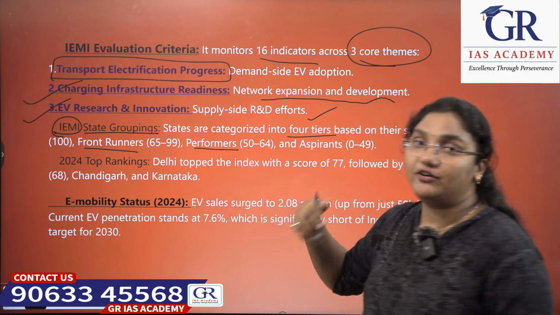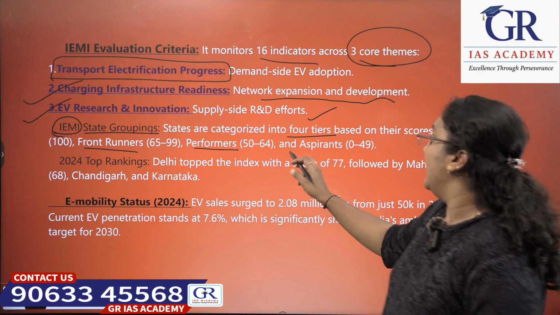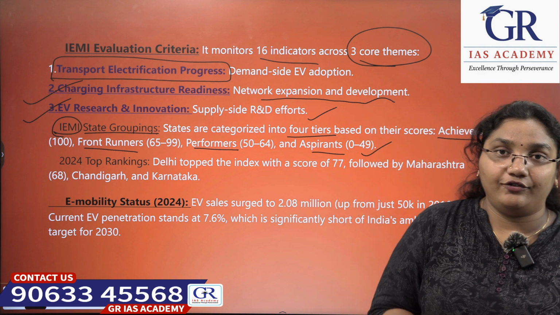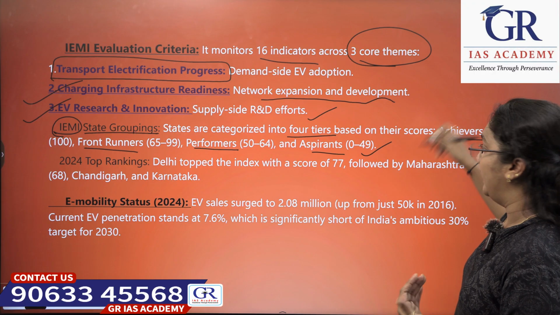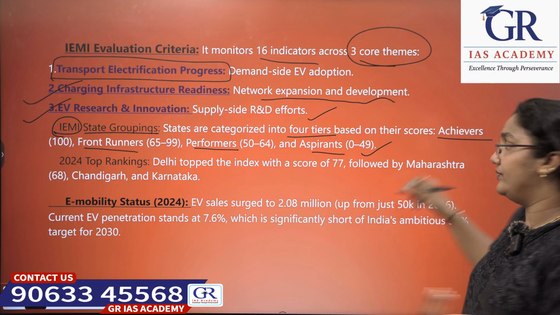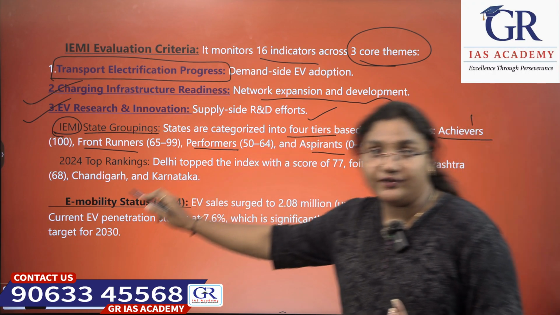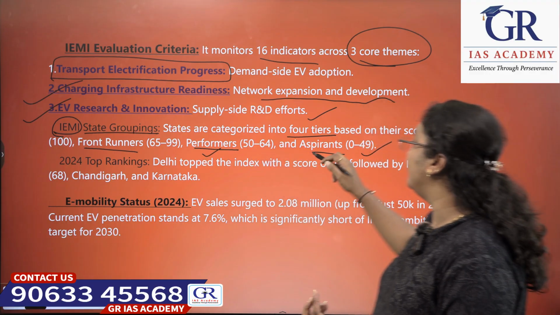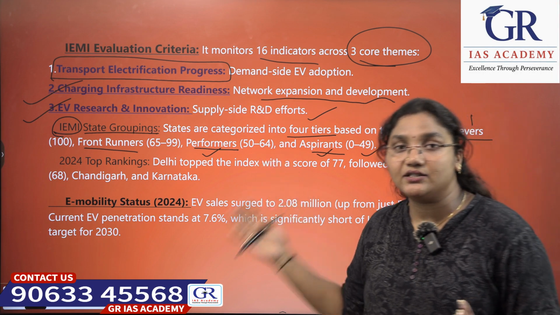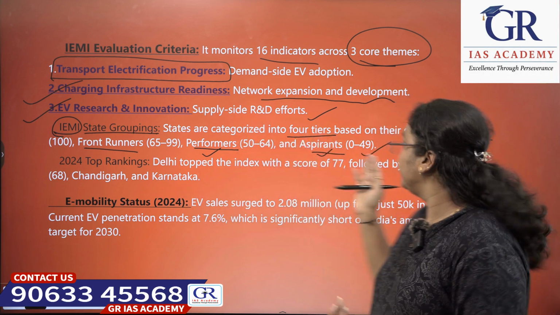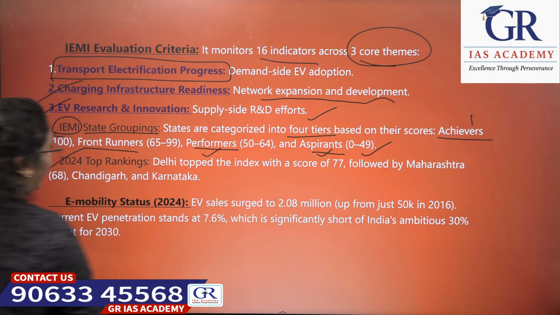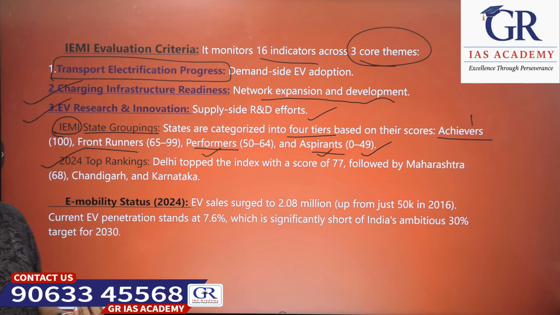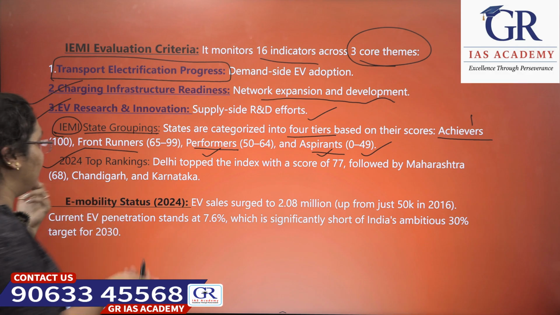Then performers, with 50 to 64, and aspirants, with 0 to 49. Okay, in this way the states are being categorized: first achievers, second front runners, third performers, fourth aspirants, based on their score from 100 to 0. Okay, next. What are the 2024 top rankings in electric vehicle usage?